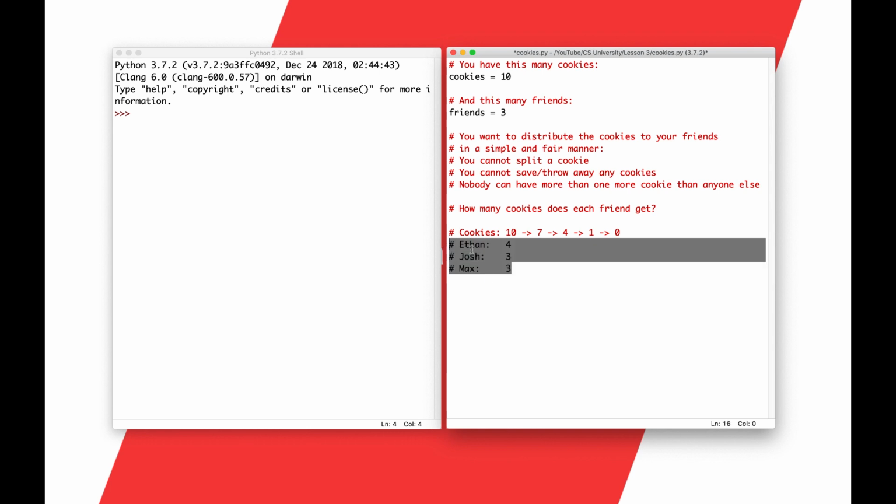Let's say that if this is our answer, one person gets 4 cookies and 2 people get 3 cookies. And we don't care which person gets the extra cookie. We just care how many people get however many cookies they get, right? And so if we make that concession, if we say one person gets 4 and 2 people get 3, and we have all of these rules, there will actually only be one answer for any problem.